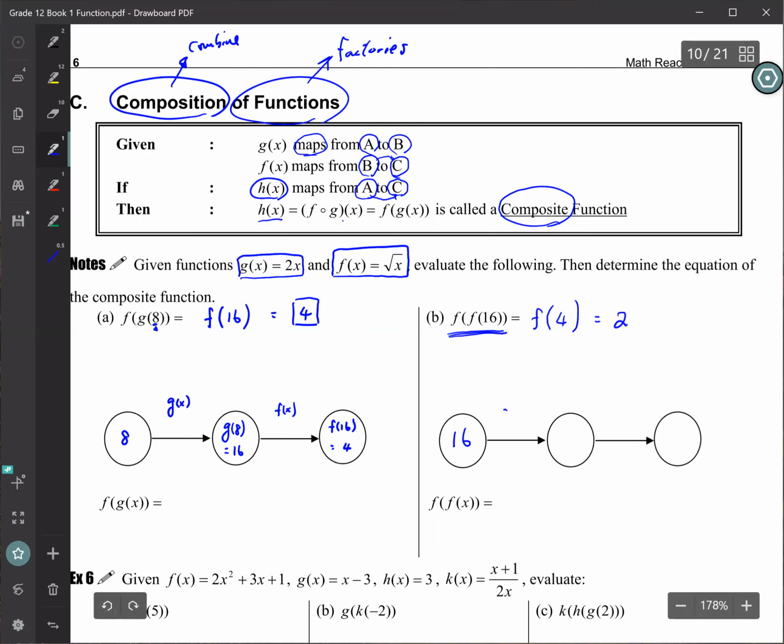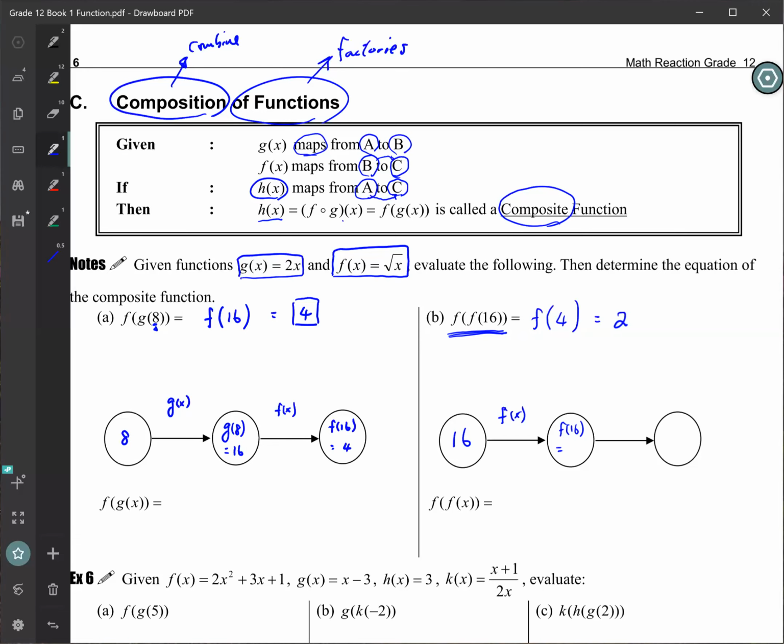Oh, F. Yeah, so we'll have f of x, and then what comes out? F of 16. Yeah, f of 16, what does that equal? Catherine?